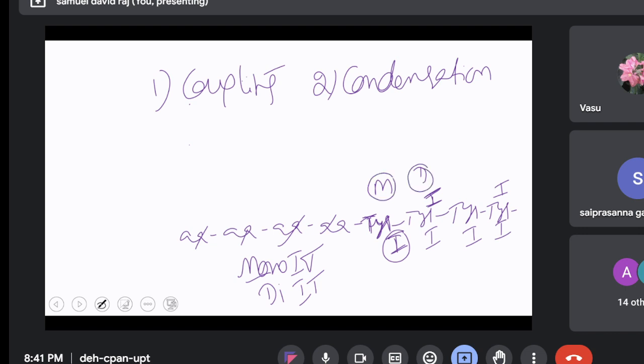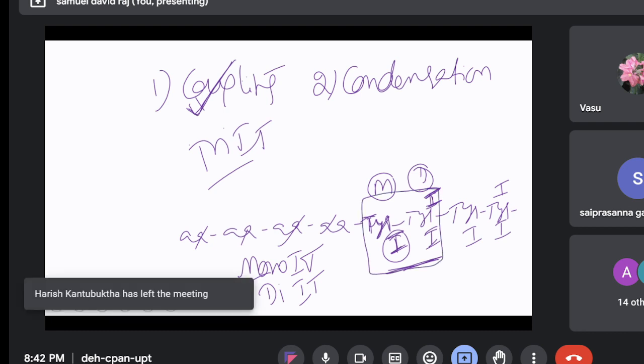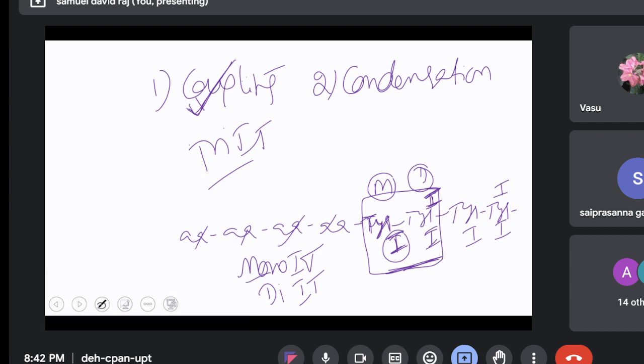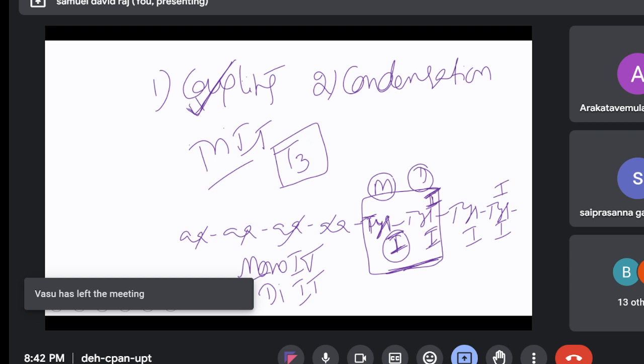One monoiodothyronin adjacent to a diiodothyronin, both of them undergo coupling to produce a triiodothyronin, where there are 1, 2, 3 iodine molecules. This process is called coupling, forming triiodothyronin, which we call the T3 hormone, because there are 3 iodine molecules.